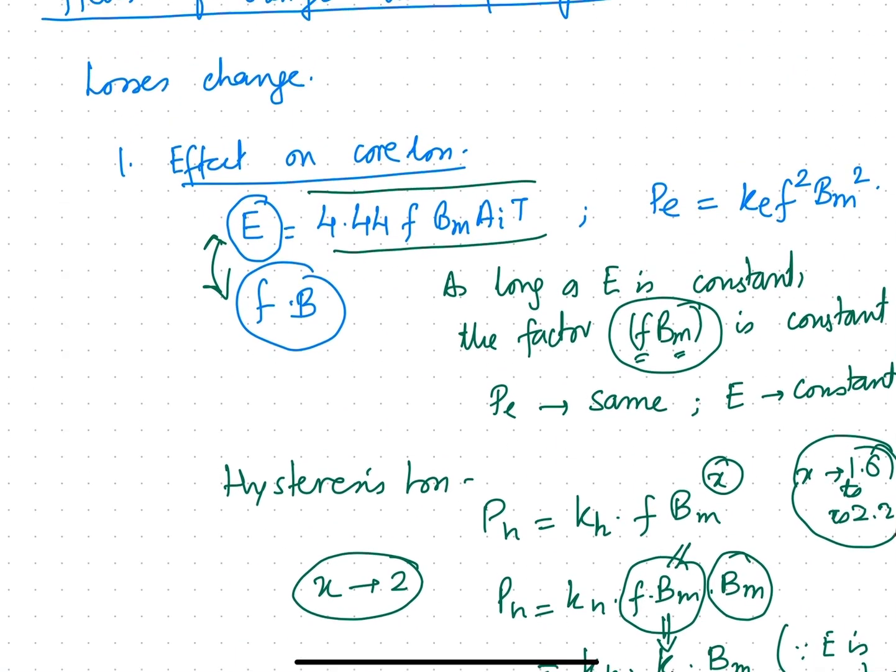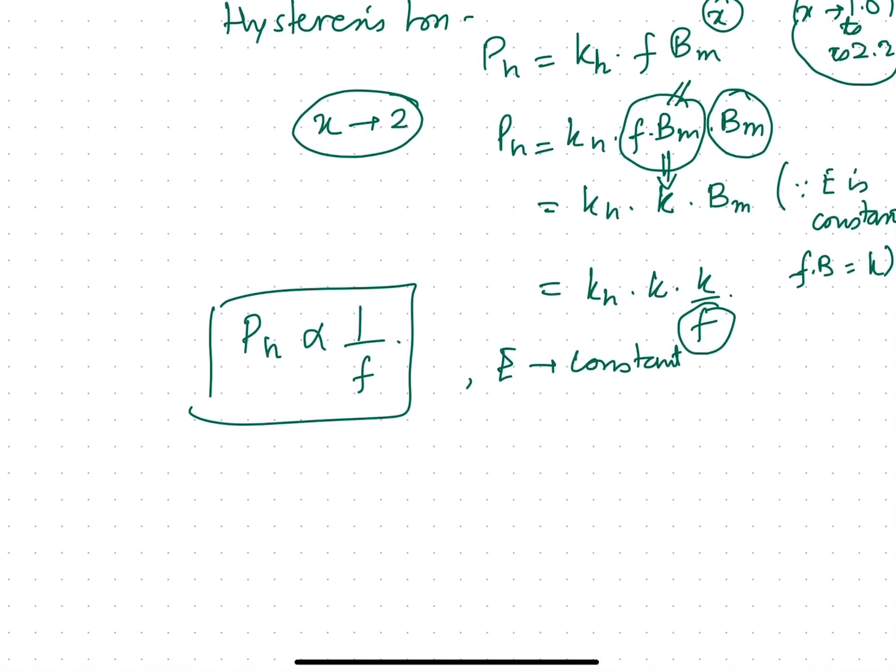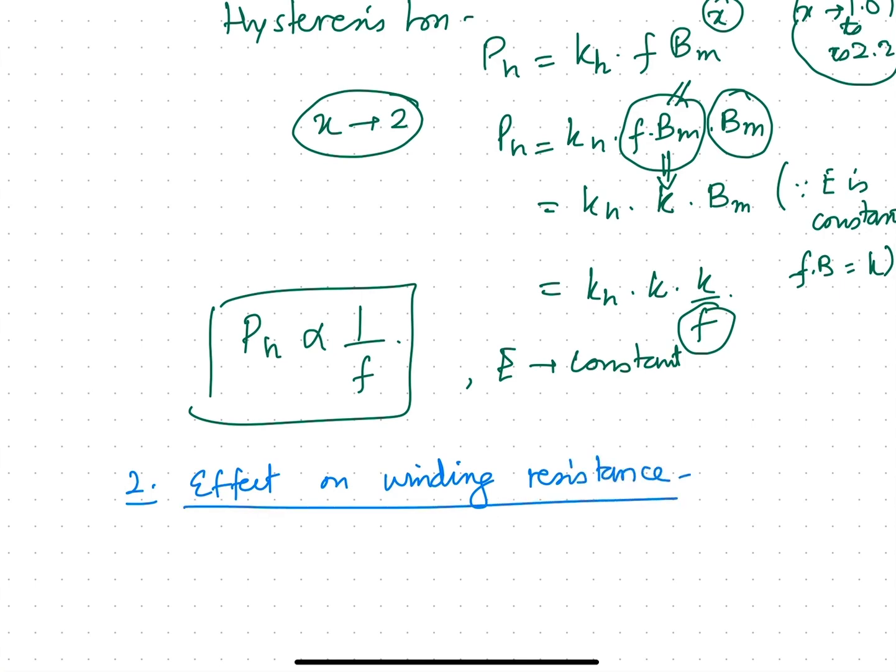The second factor to be checked is the effect on winding resistance. What happens?